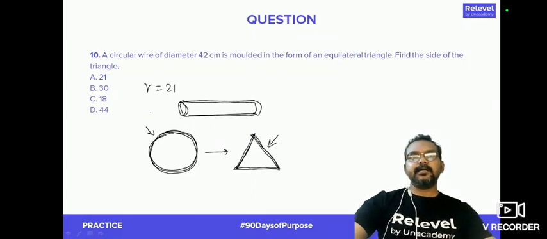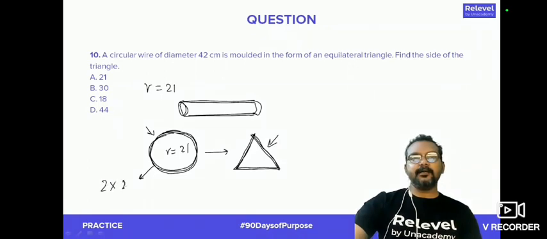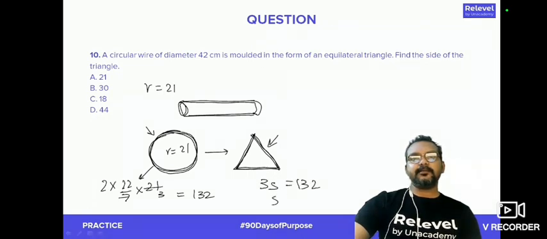Since the radius of this circle is 21, the perimeter is 2 pi, we can take 22 by 7 times r. So that is 132. So the triangle perimeter is also 132. So 3 times the side is 132. The side is 44. So they are asking what is the side of the triangle. So that's 44 centimeters. So that is option D.